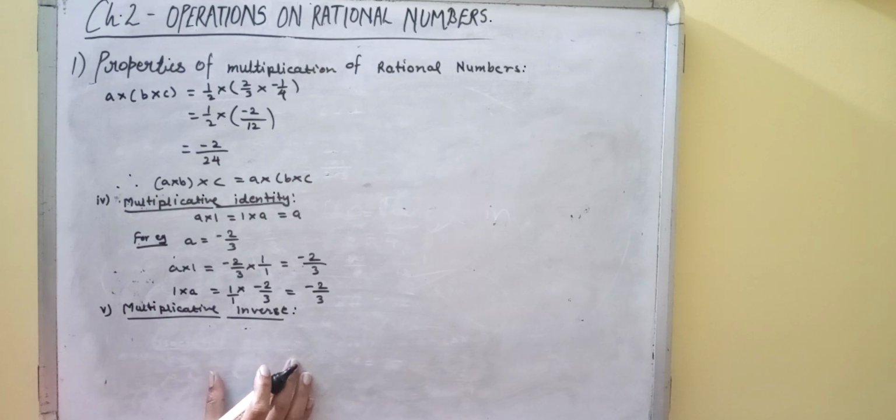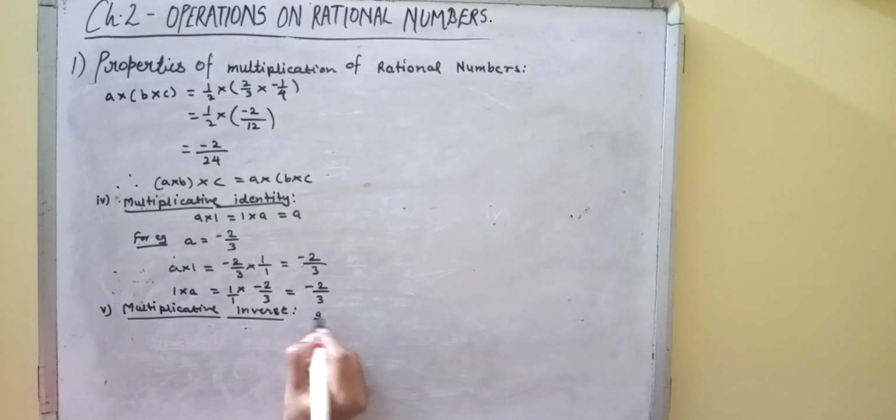In multiplicative inverse, for every rational number a upon b, there exists another rational number b upon a such that the product of the two equals 1. That is, the rational number b upon a is referred to as the multiplicative inverse or reciprocal of a upon b.